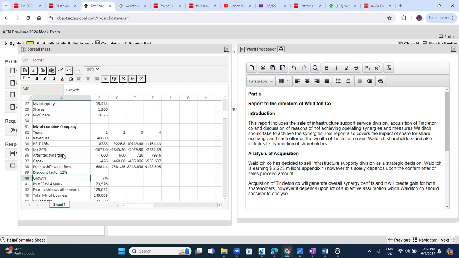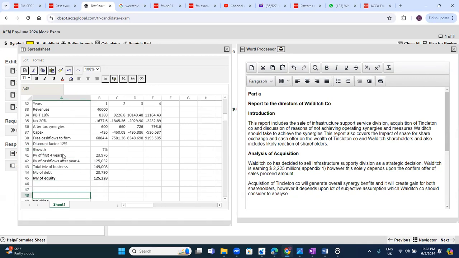This group is linked with the economy. So how can a company which is linked to the economy grow with 7% growth for the foreseeable future? You can question that. You can write that. This is impractical. No information is given about the combined cost of capital. It is assumed that the cost of capital of the W company will remain the same as the combined. How is it possible that two companies are combining and cost of capital is not changing? It should change.